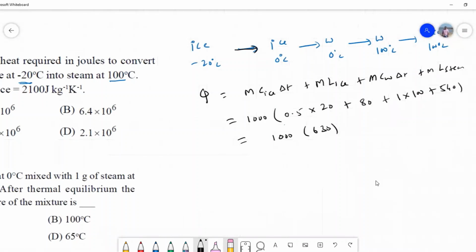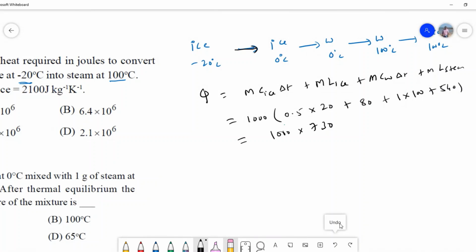Let me check, it's not 630 because... So 10 plus 80 is 90, plus 100 is 190, plus 540 is 730. So 1000 into 730.